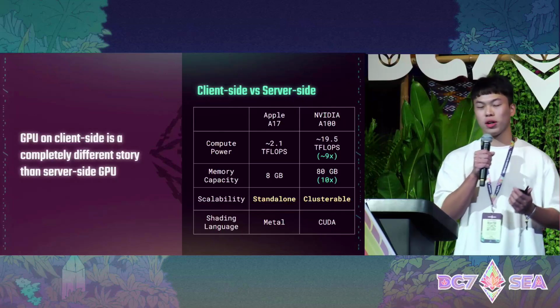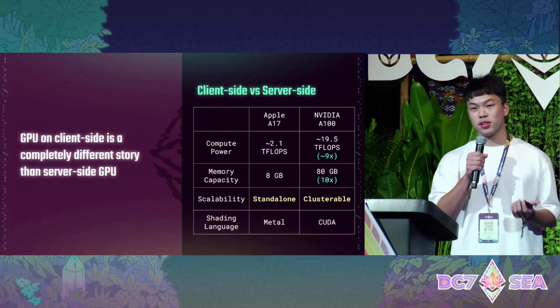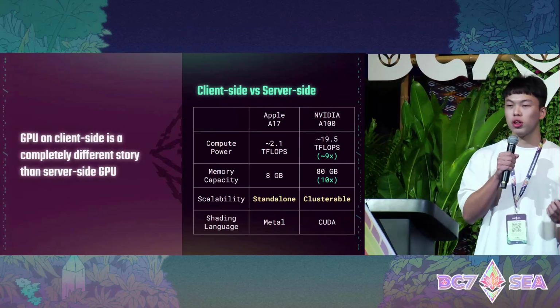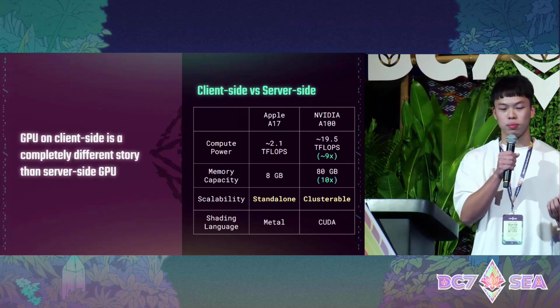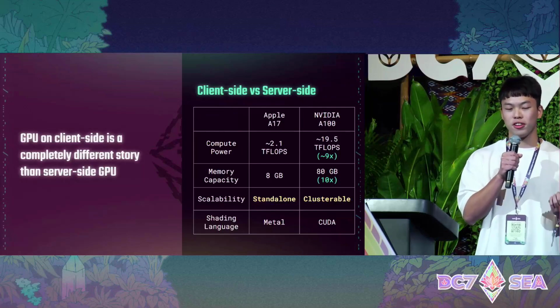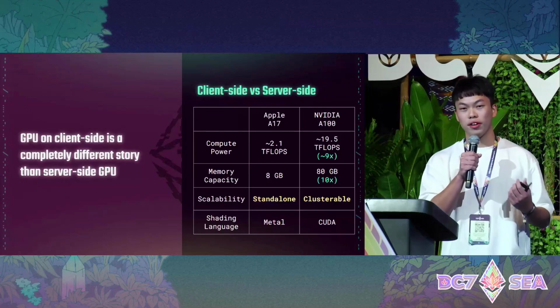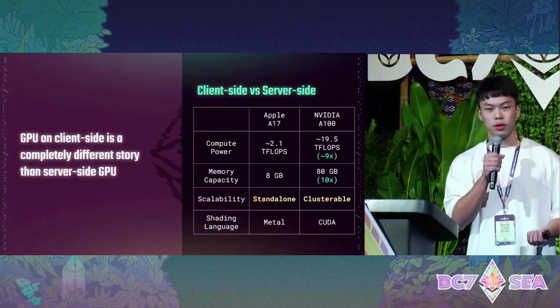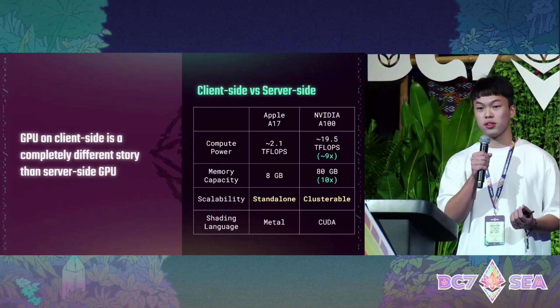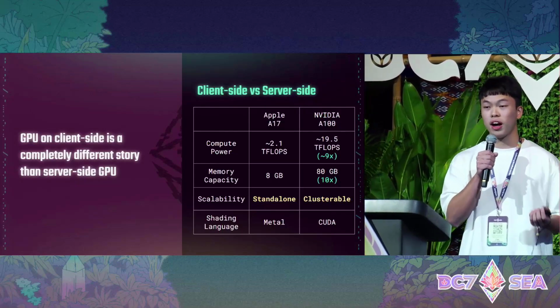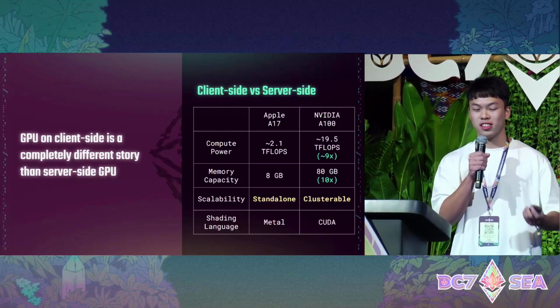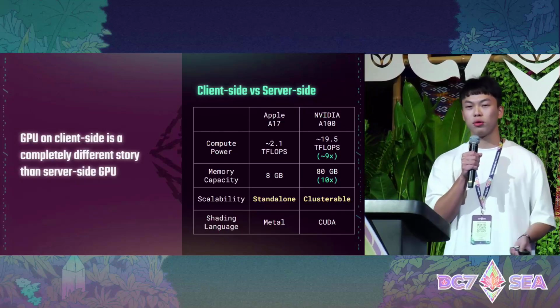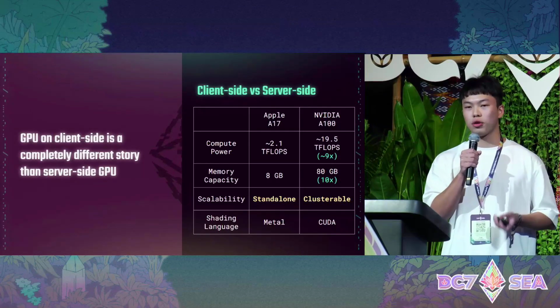The second thing we want to say is that the ecosystem support of the shading language, which is where we do programming on GPU, is really different. CUDA is one of the most mature GPU shading ecosystems right now. So if you want to do development on CUDA, it's much easier than Metal, which is what we use for GPU acceleration on your iPhone.